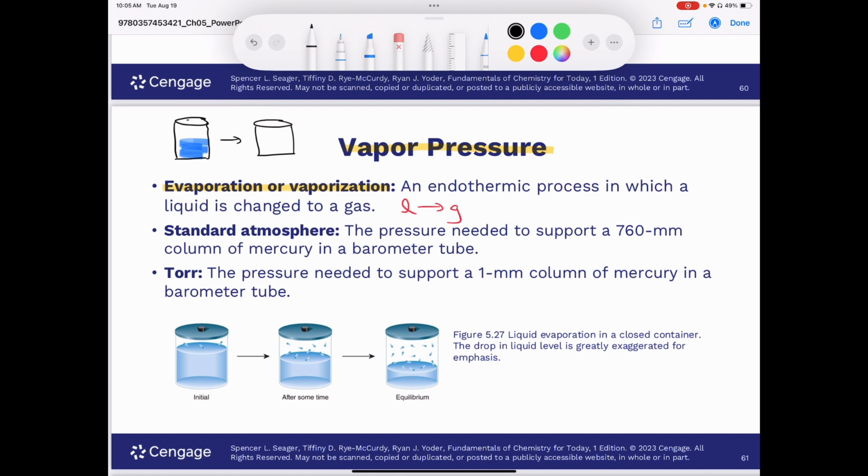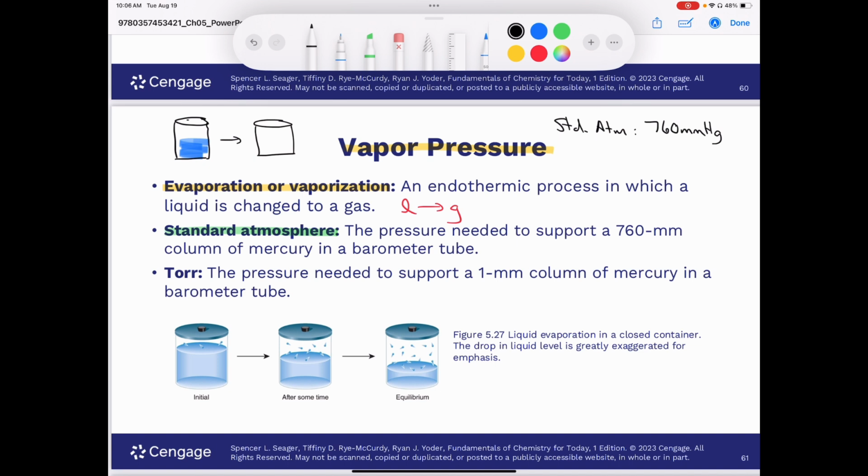Now, when the water evaporates at sea level, we would say that it's evaporating at standard atmosphere. If you've ever heard of standard pressure or standard atmosphere before, it's the pressure needed to support a 760 millimeter column of mercury in a barometer tube. We'll say here standard atmosphere, I'll abbreviate it as 760 millimeters of Hg, because Hg is the elemental symbol for mercury.